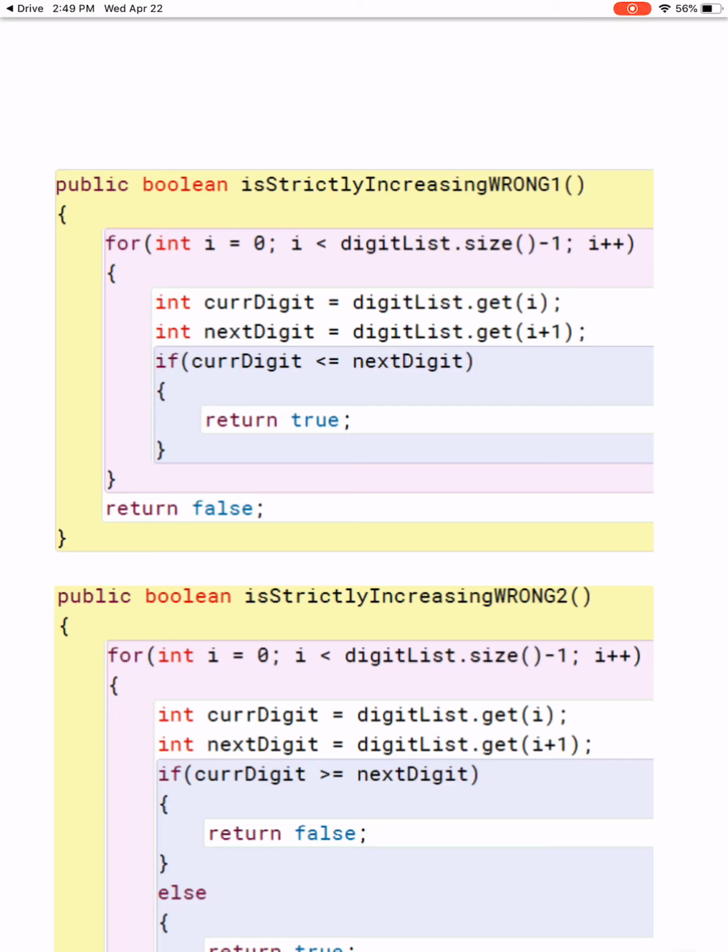But in the example, if it were 1 and 3, the current digit being 1 means it is increasing, but we would return too early. Returning true would stop the rest of the execution from happening. So if it were 1, 3, 2, 0, it doesn't increase, but we would tell it that it did increase because the first comparison was true.